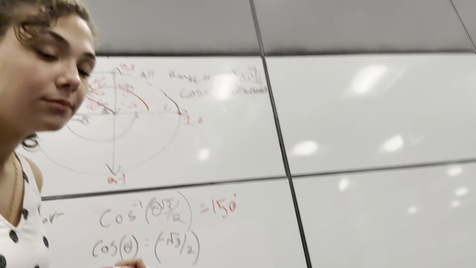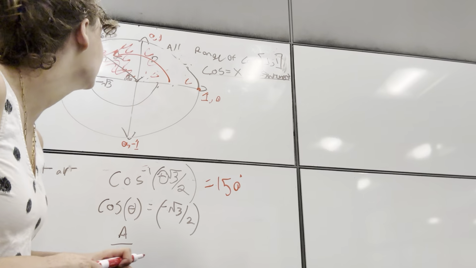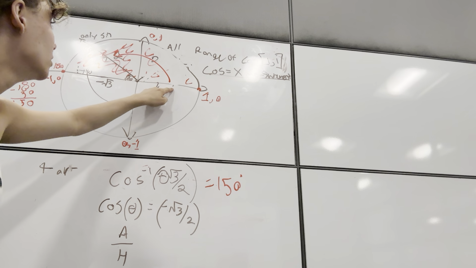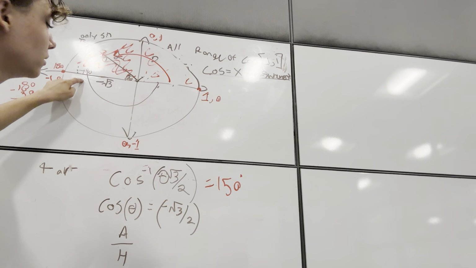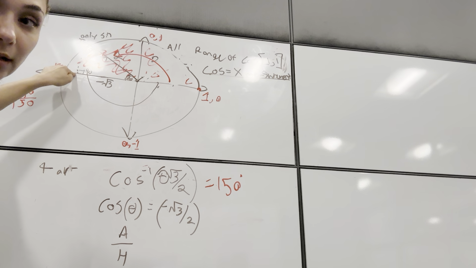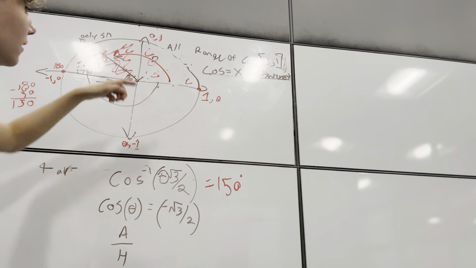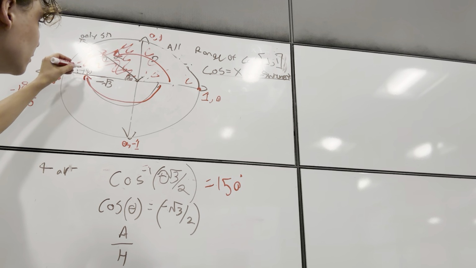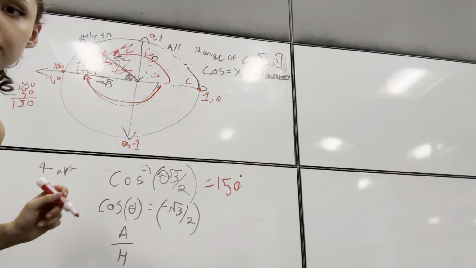Sometimes they might ask you to find a coterminal angle, and that means you're going to do it the other way. It completes 180 because it goes from this side to this side, and then you add 30 degrees, because you have a little bit extra that way.